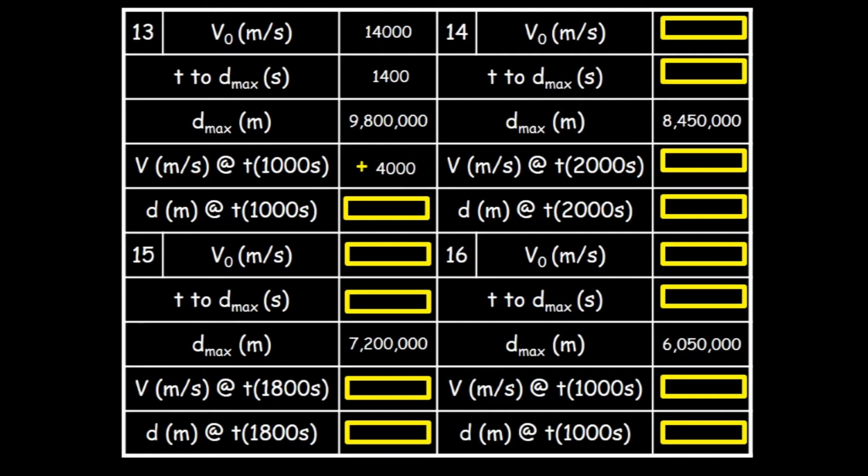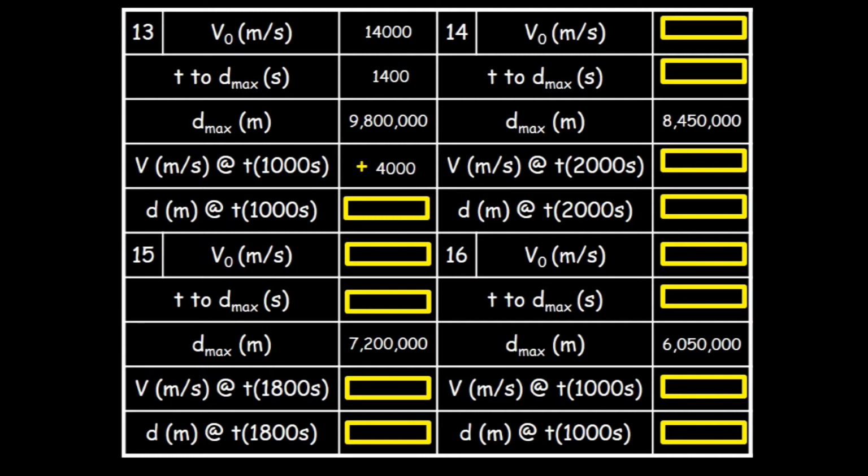And then the distance at 1,000 seconds, remember the velocity is going to be 4,000. The time left over is going to be 400 that it's going to be traveling for. And don't forget you have a negative gravity.